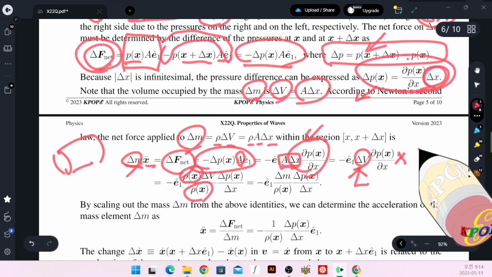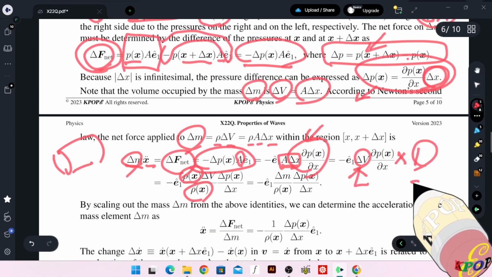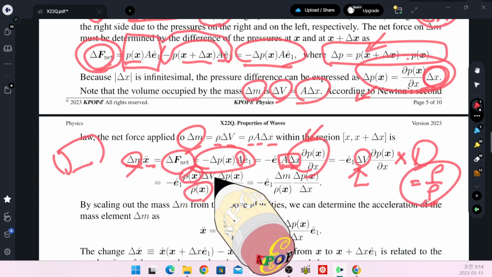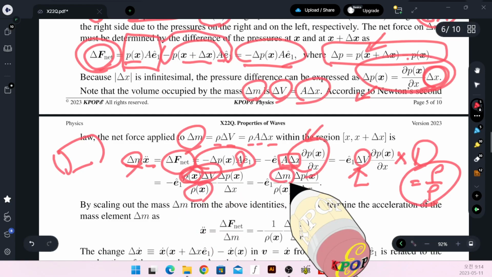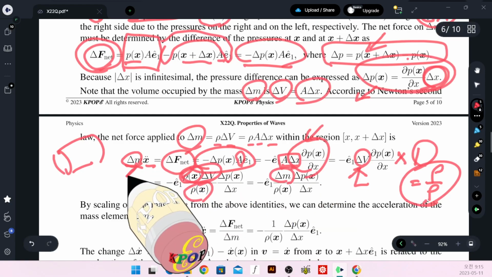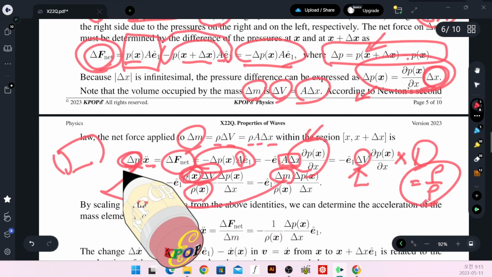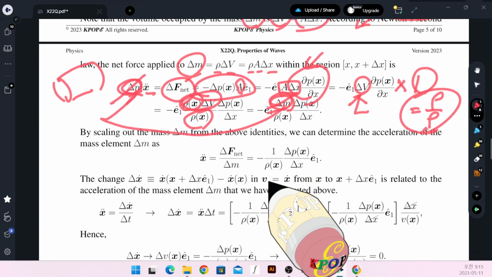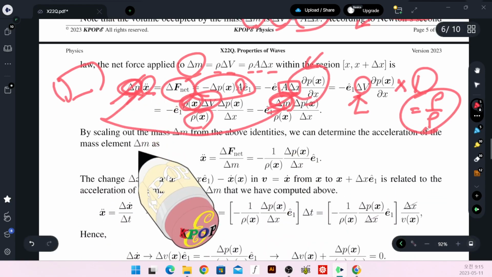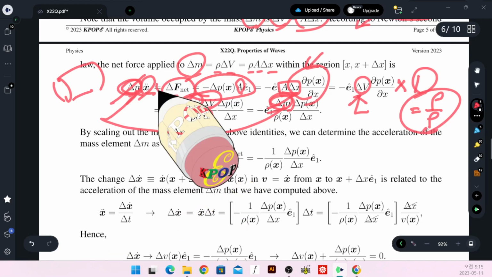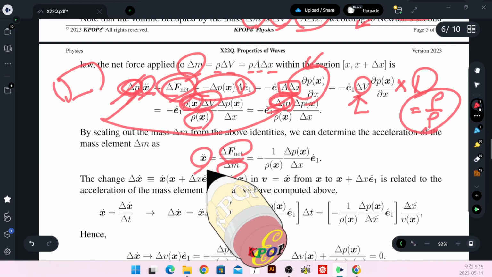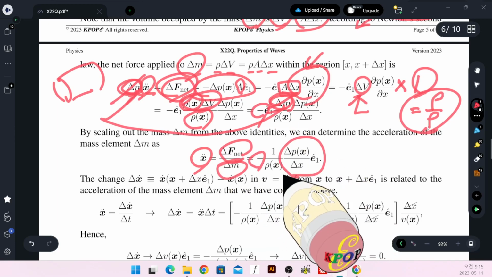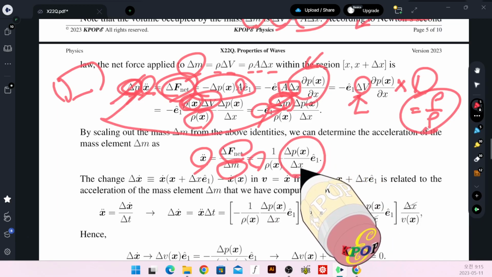So what I have done is multiplied by 1, and 1 is rho over rho. Simple. And then rho multiplied by the volume is the mass. All right, so these two masses cancel exactly, so the mass dependence cancels. So I have found the simplified version. Acceleration is just net force divided by mass. That is negative 1 over rho, and this derivative.